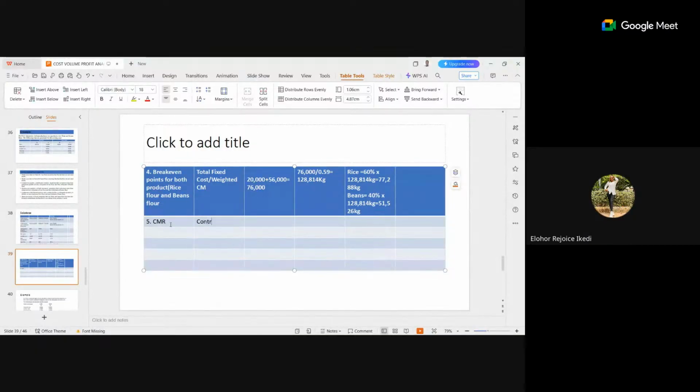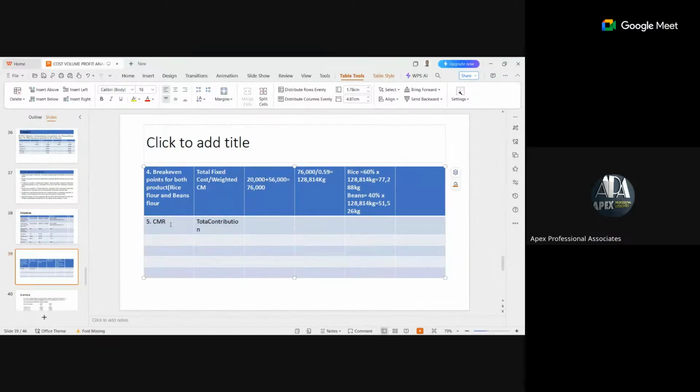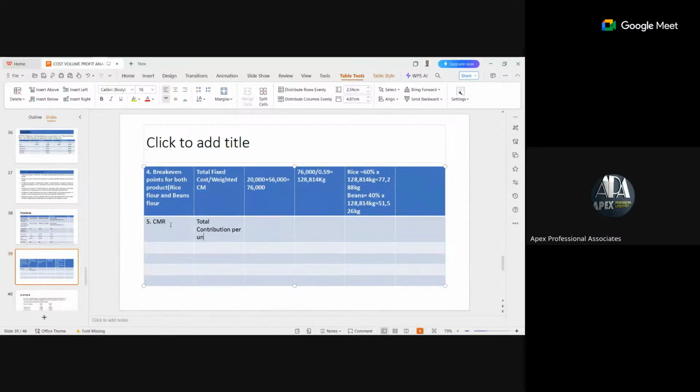Let me make it clear. Total contribution per unit, divided by total sales price per unit.